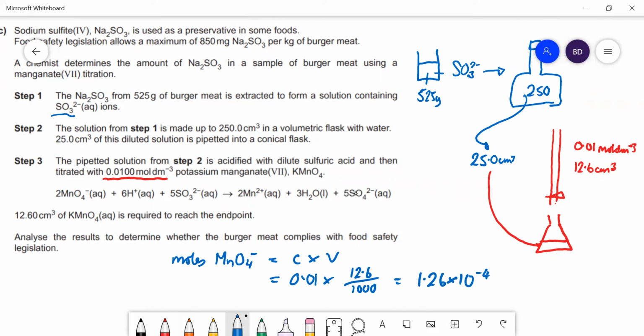Now we can see from the equation that 2 moles of manganate react with 5 moles of the sulfite.